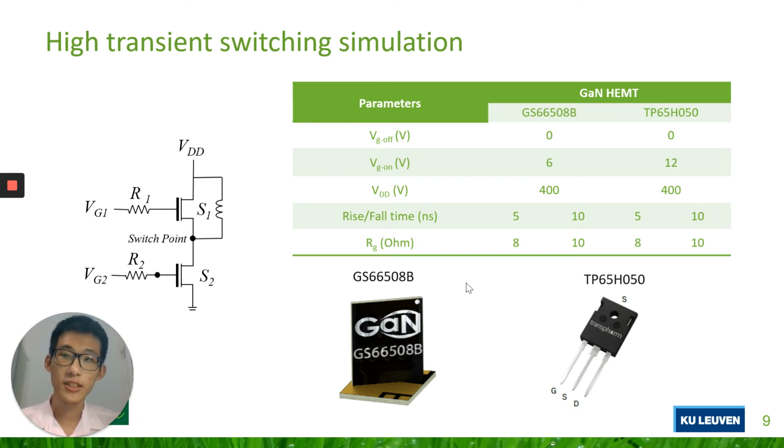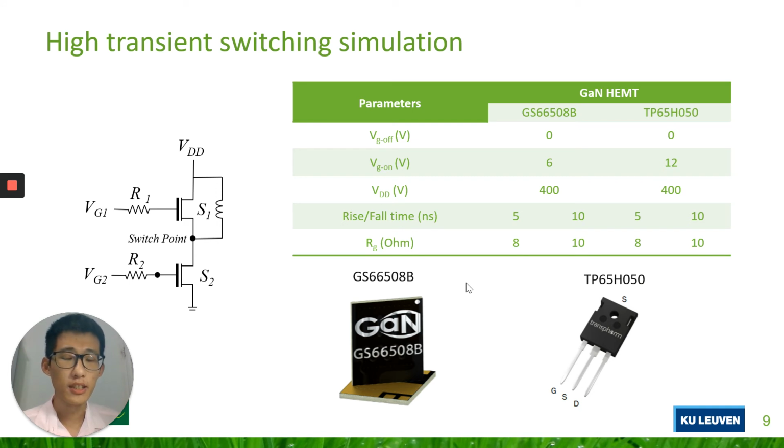Given inverse signals of VG1 and VG2, the high-side device and low-side device are switched on and off alternately. Then we extract the voltage of the switch point and the gate side of the low-side HEMT, also the gate current of the low-side HEMT. The simulation parameters are listed in the table.